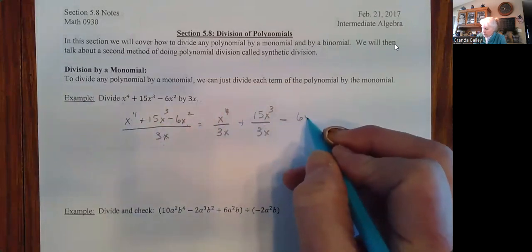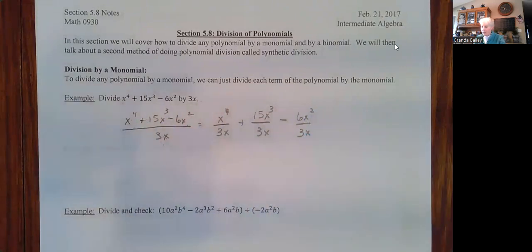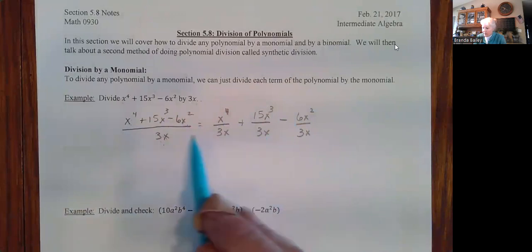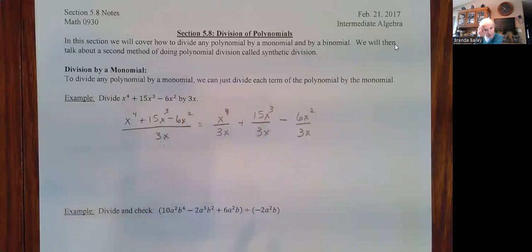So you just kind of split the fraction up, kind of working backwards. Usually when we add or subtract fractions, we have a common denominator and we get them under 1. So we just sort of did a reverse move here in adding fractions or subtracting fractions.